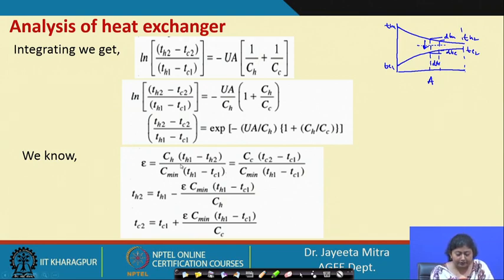So, the effectiveness for the hot fluid was Ch into Th1 minus Th2 by C minimum into Th1 minus Tc1, and for the cold fluid it was Cc into Tc2 minus Tc1 divided by C minimum into Th1 minus Tc1. From this equation and this equation we need to calculate Th2 and Tc2.